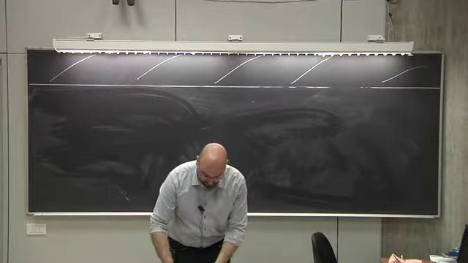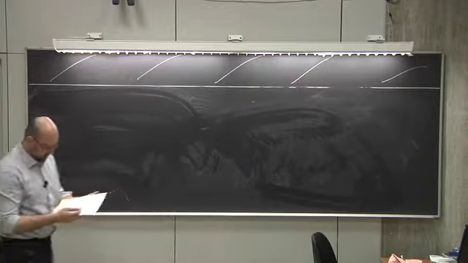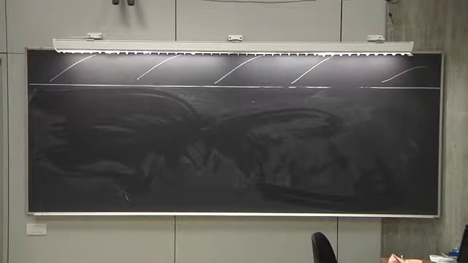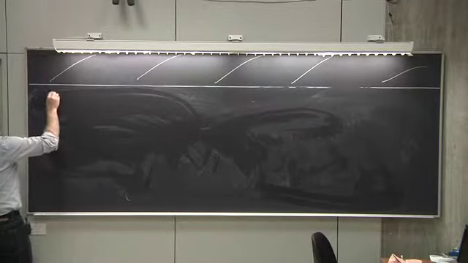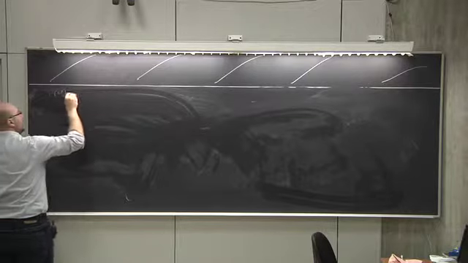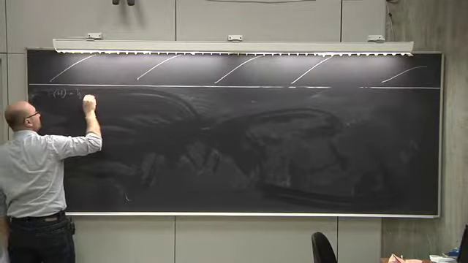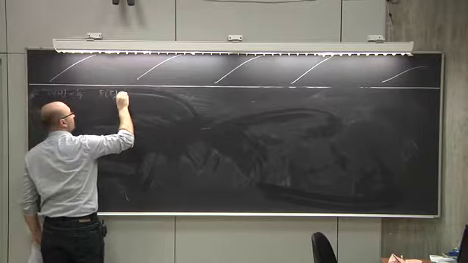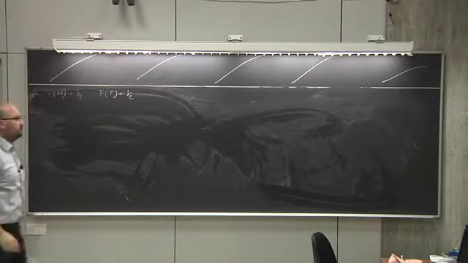Okay, so let's make an example. Let's assume we have a fair coin, so the probability of having head is equal to 1/2, and the probability of having tail is equal to 1/2.